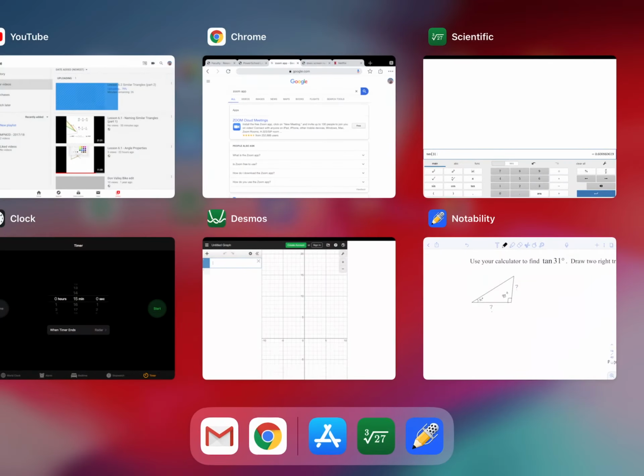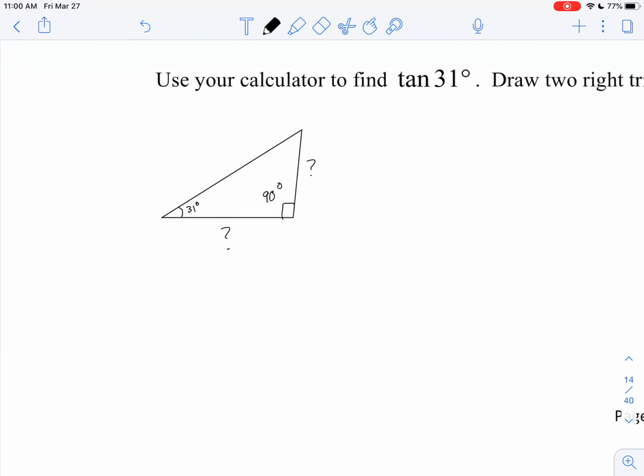I'm going to ignore those extra decimals for now. So tan of 31 degrees is equal to 0.6, roughly there. So if I want to draw the ratio of my opposite to my adjacent side, I know that technically 0.6 is divided by 1. Every number is divided by 1. We would just never actually write it out like that.